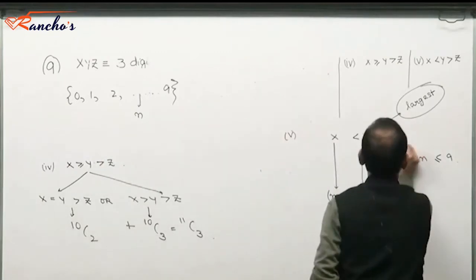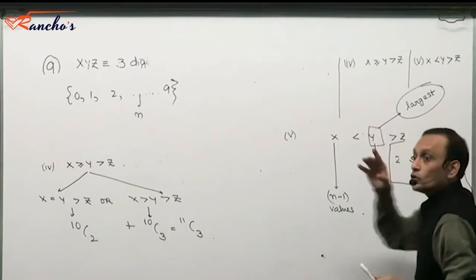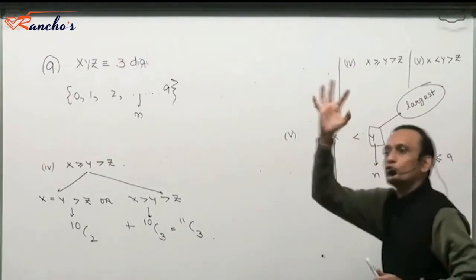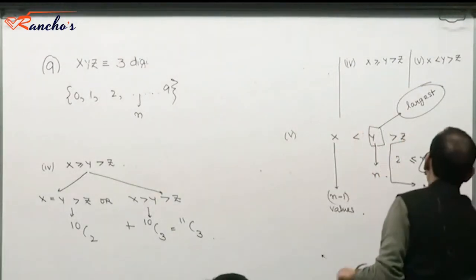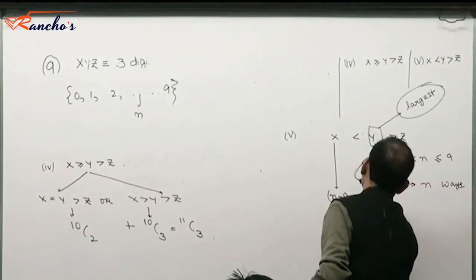In how many ways can I select z? N ways, because z can be 0. So z can be 0, 1, 2 up to n minus 1. So there are n ways of selecting z and n minus 1 ways of selecting x.